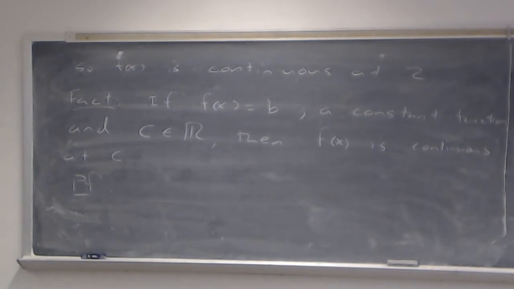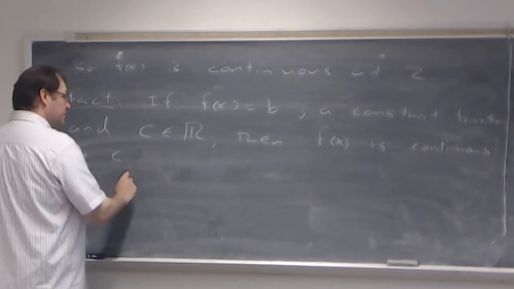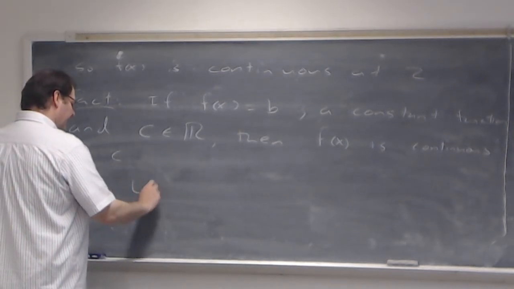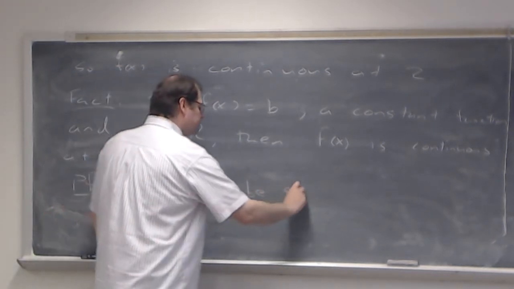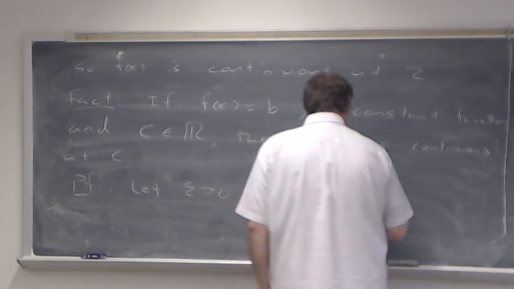Our proof is going to work just like the other one. So we're going to let epsilon greater than 0 be given. What do we need?